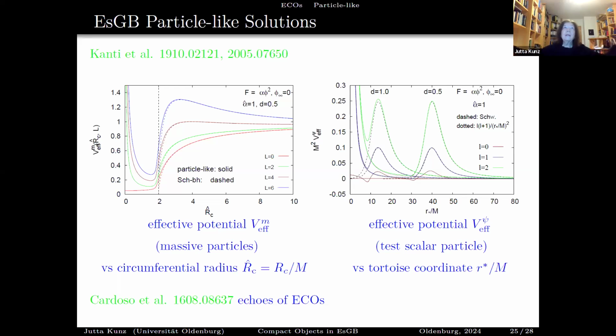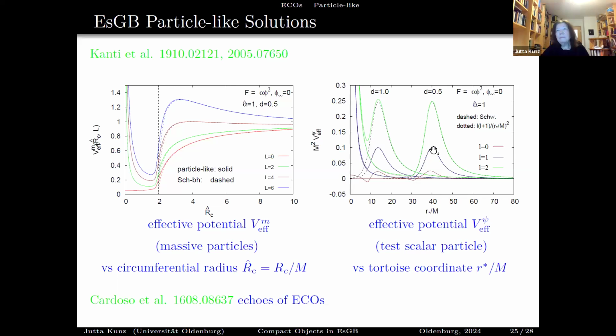So you look at the Klein-Gordon equation and its effective potential. And let's just look here at this parameter set. These are different parameters that are used.